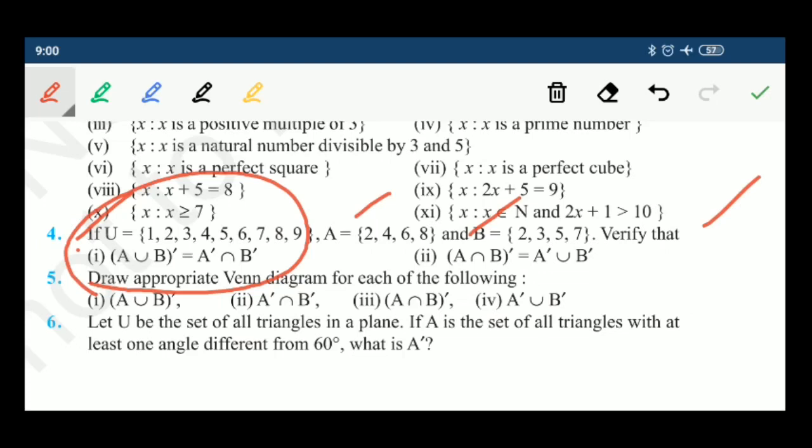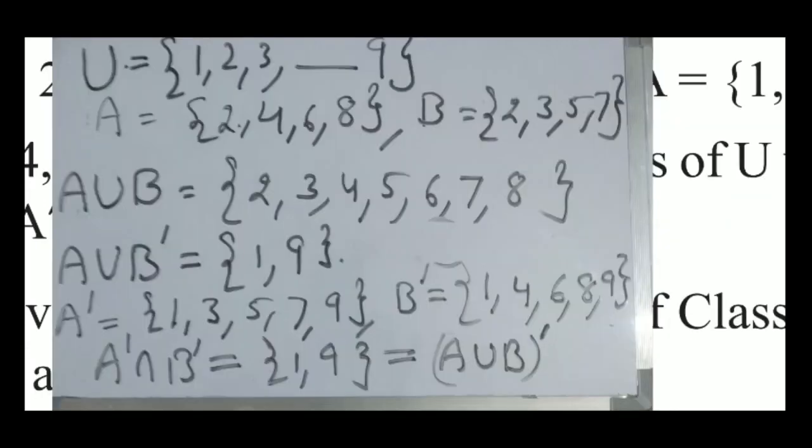See its solution. In the first step you will find A union B, and A union B is 2, 3, 4, 5, 6, 7, 8, and then you will find the complement of A union B, and that is 1 and 9.